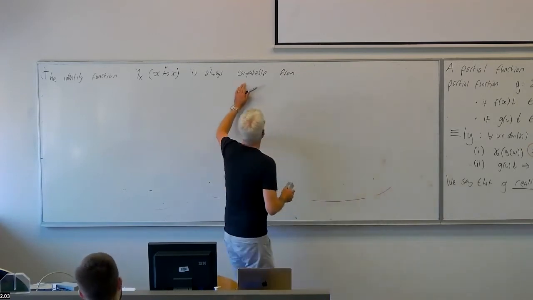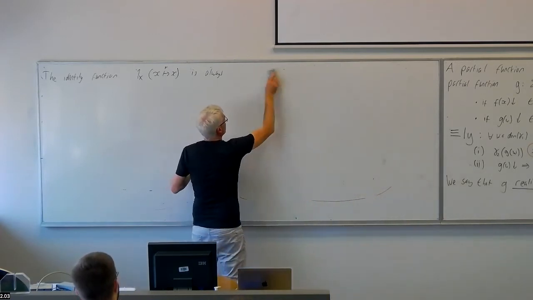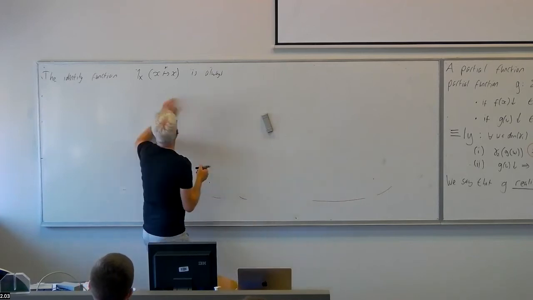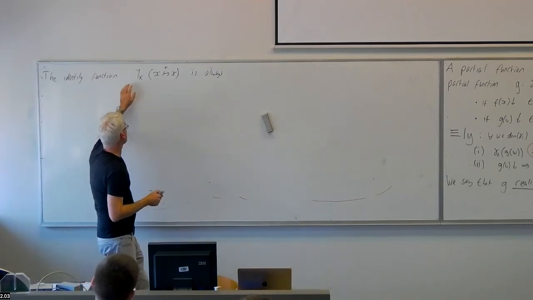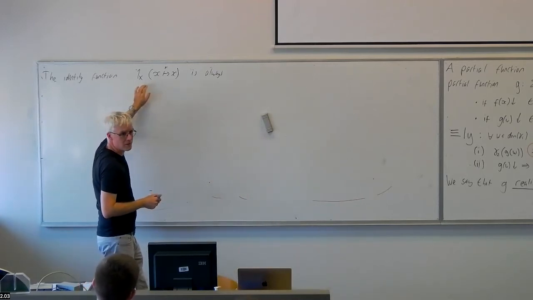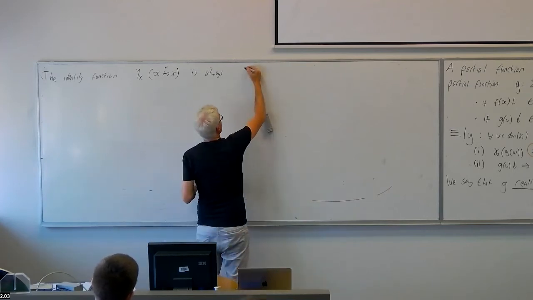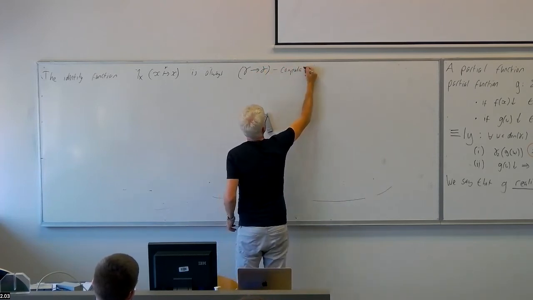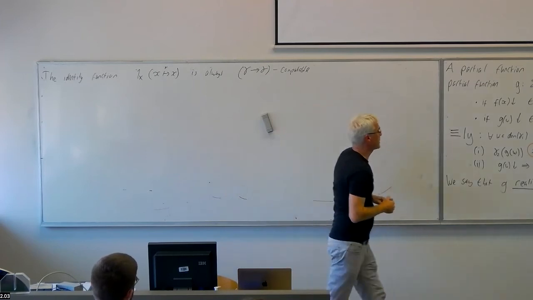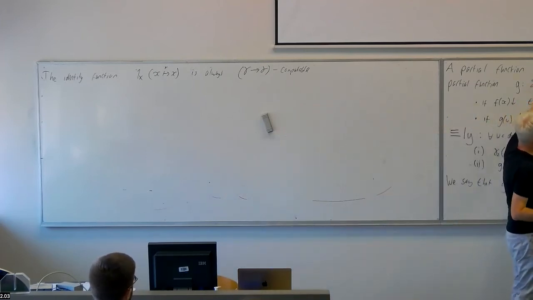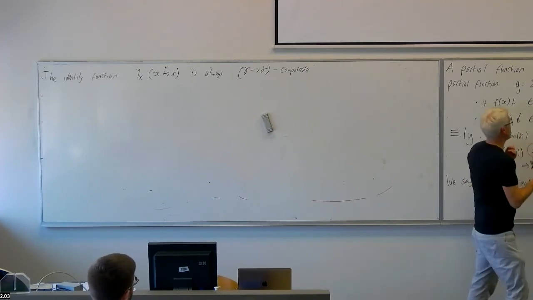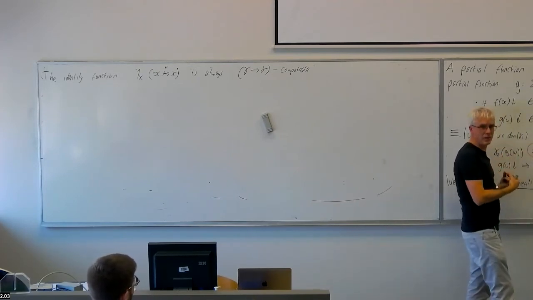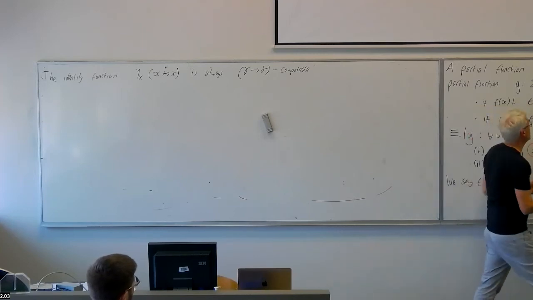And the thing I forgot earlier, the other thing I wanted to write on the board, is that what I mean by it's computable is it's computable from any representation to itself. So if a representation of x is called gamma, I'm going to say gamma to gamma computable. And on the other board, when I said that a partial function f from x1 to x2 is computable, this was assuming representations gamma1 of x1 and gamma2 of x2.